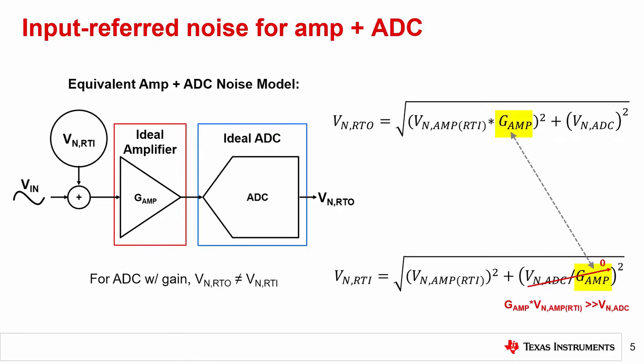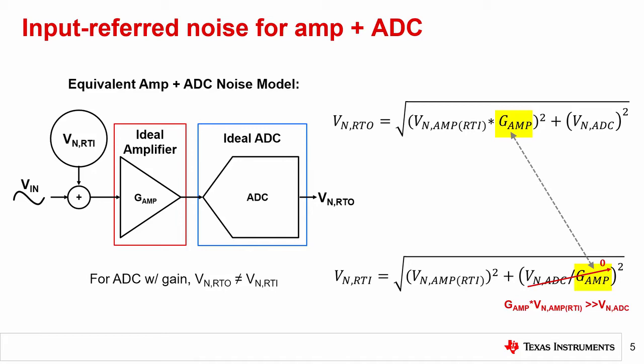Here is the same ADC model shown on the previous slide, though we have added an amplifier at the ADC's input. Note that while this amplifier is shown as a discrete component, this same analysis can be applied to an ADC with an integrated amplifier such as the ADS124S08 or ADS8691 used at the beginning of this module.